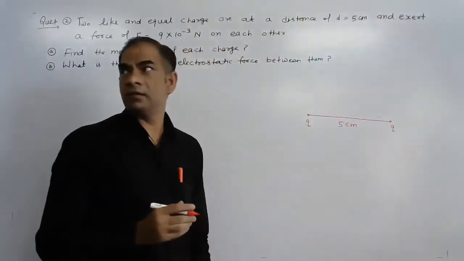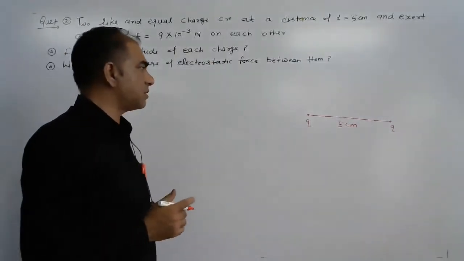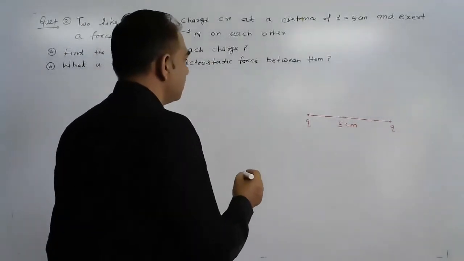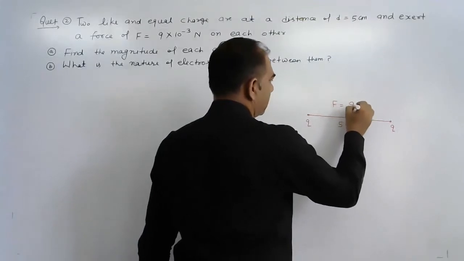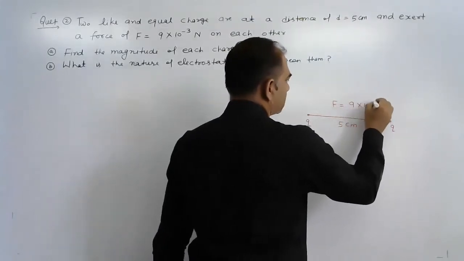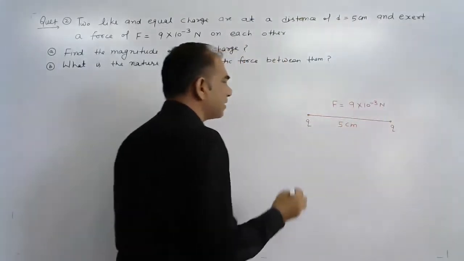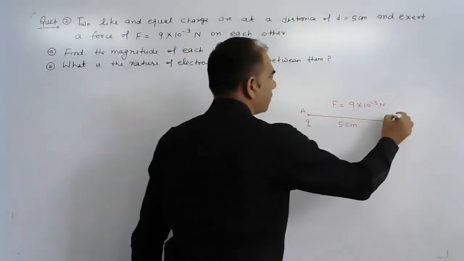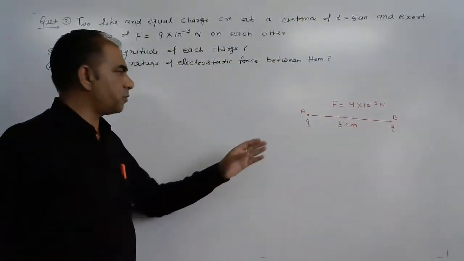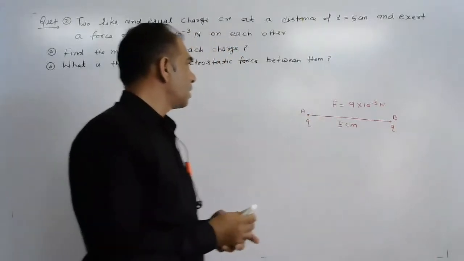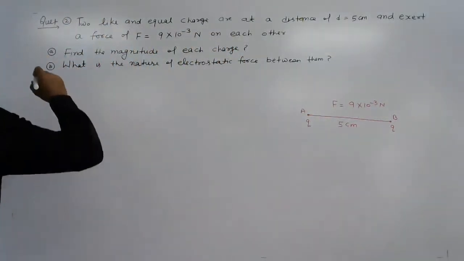This is also given, the force between them F is equal to 9 into 10 raised to power minus 3 Newton, the electrostatic force between them, and we represent these points A and B.